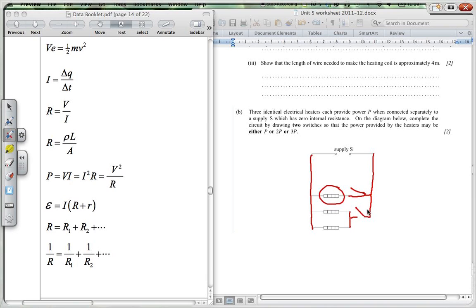Then you could open this one and close this one, and then you're going to have half the resistance, therefore double the power. Then you could close that, and that would lower the resistance further, and you could have 3 times the power. So that would also work. That would be another way of doing it.